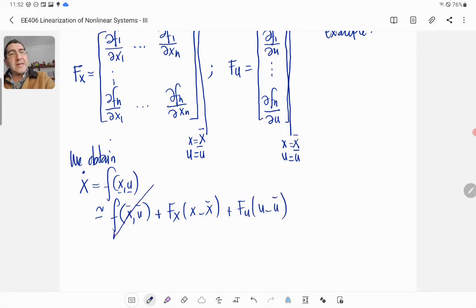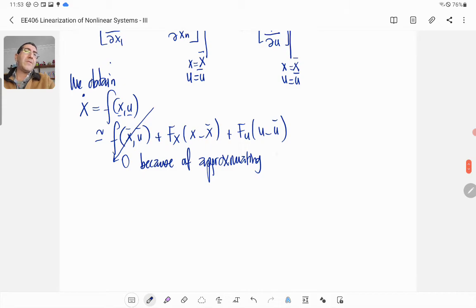In this case, the first term is going to be equal to 0 because of approximating around the equilibrium point and input.